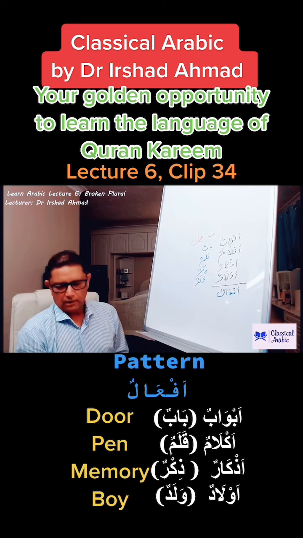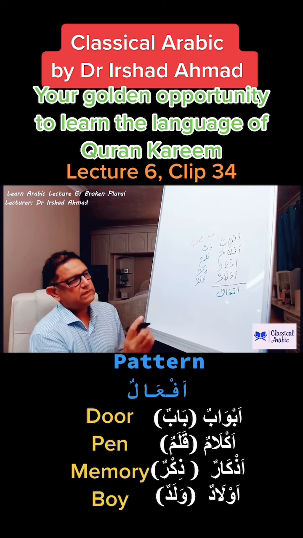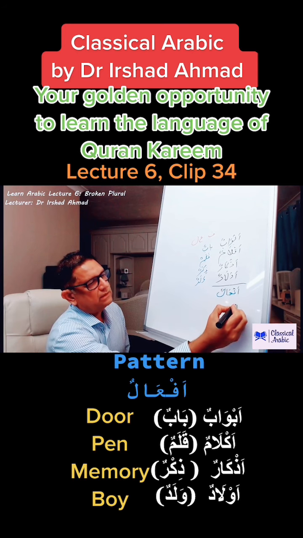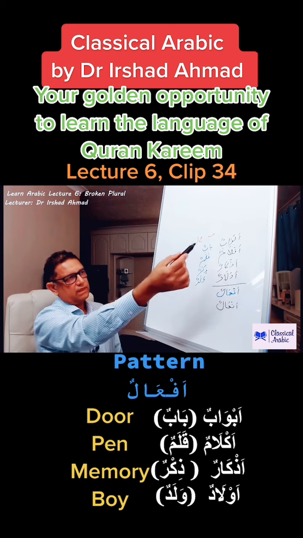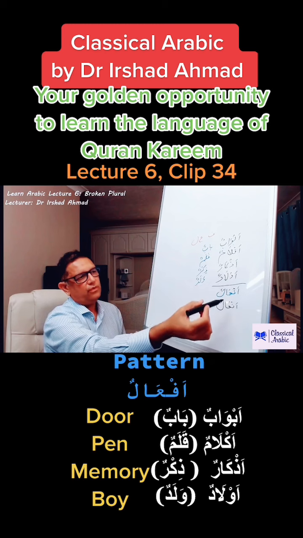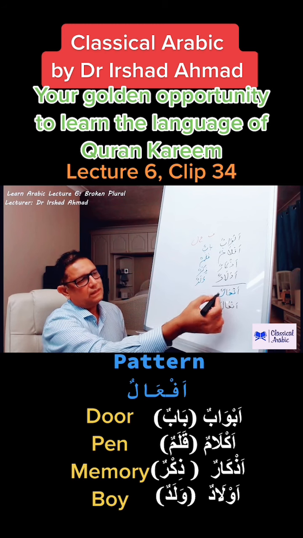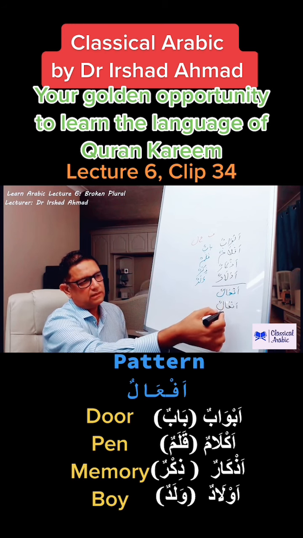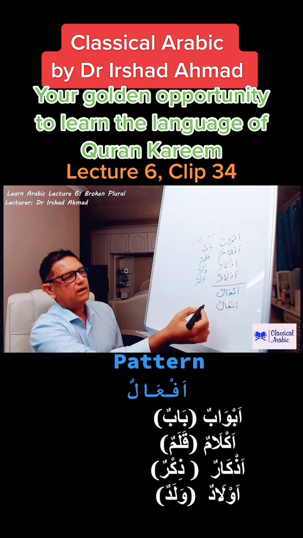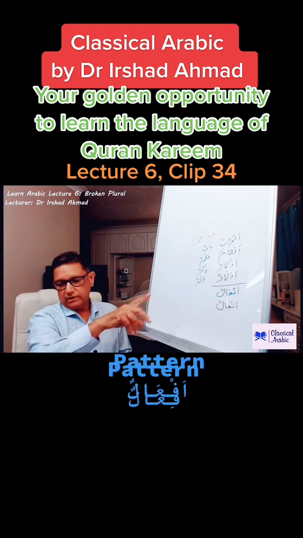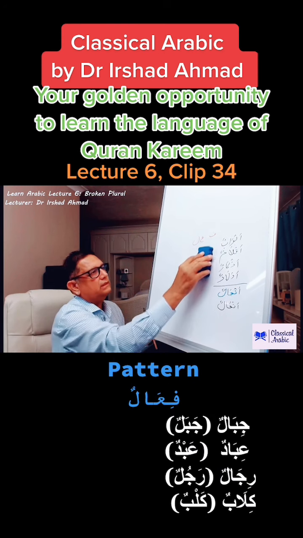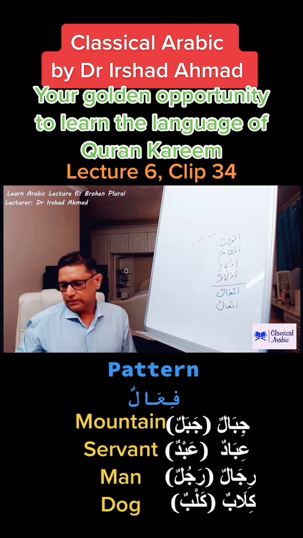So we have generated this pattern, which is Af'alun. All these words, and there are many more in this category, fit in this pattern Af'alun. So that's one pattern. Let us look at some more words.